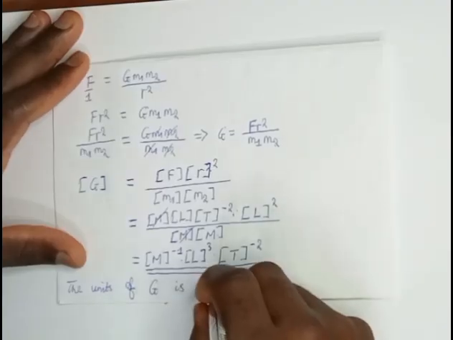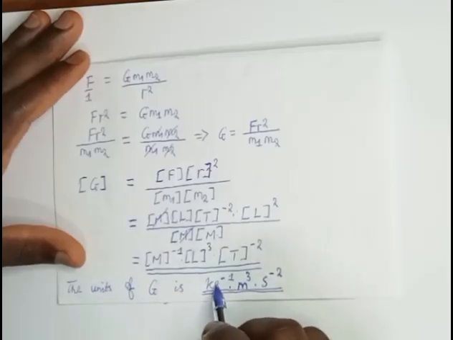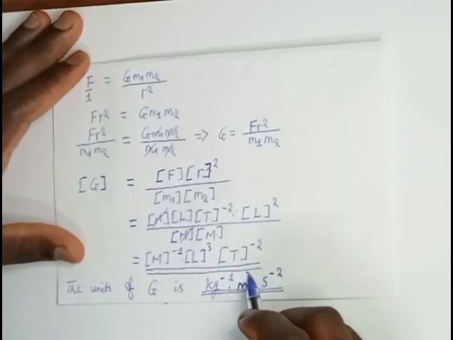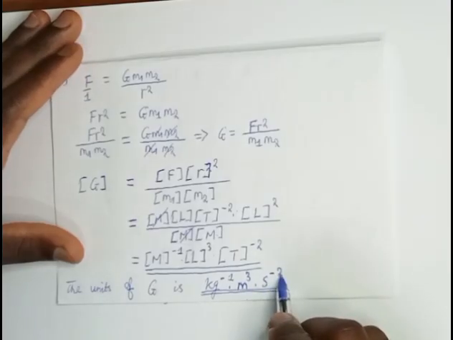Therefore, the units of G is per kilogram meters cubed per second squared.